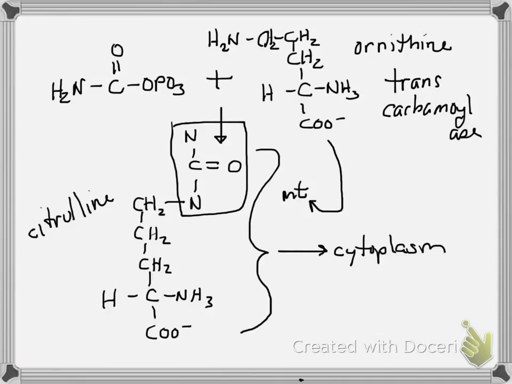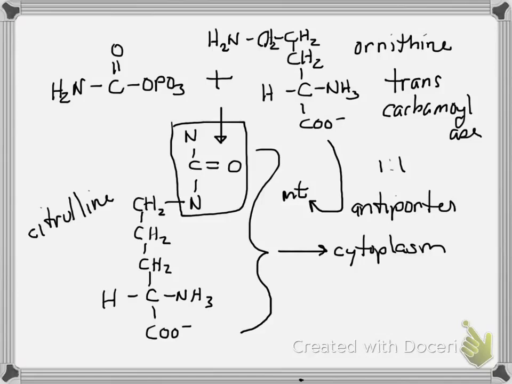So this is an antiporter, and it's considered a 1-to-1 ratio antiporter, so that one citrulline is transported out of the mitochondria into the cytoplasm, and one ornithine is transported from the cytoplasm into the mitochondria.